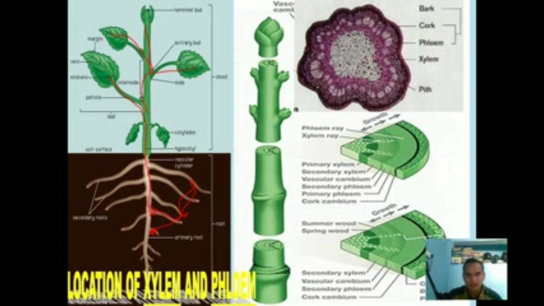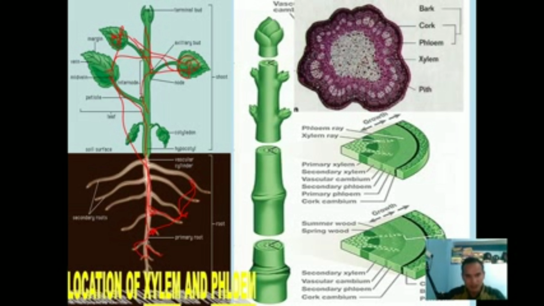We know that water and different dissolved minerals need to be absorbed from the root hairs and the root, and then these water and minerals are transported to the upper part of the plant, to the leaf. Water is especially utilized in the leaf in the process of photosynthesis, because we know that water is used as one of the raw materials.